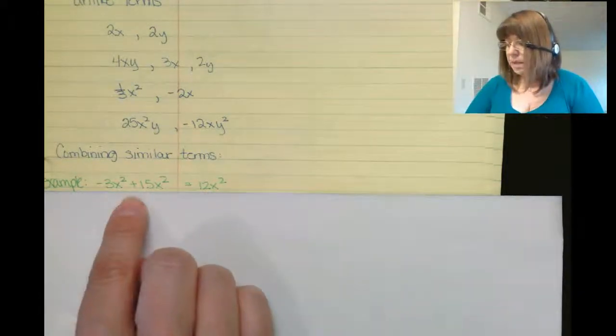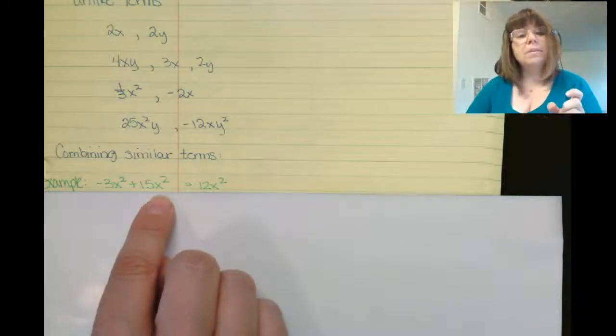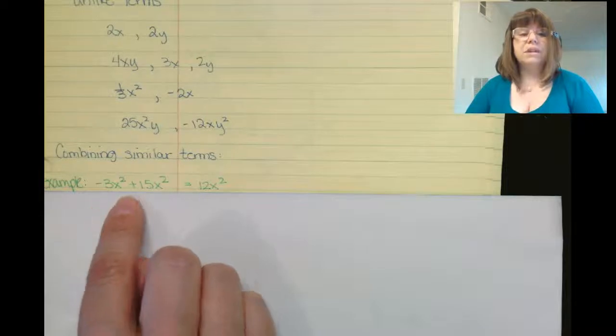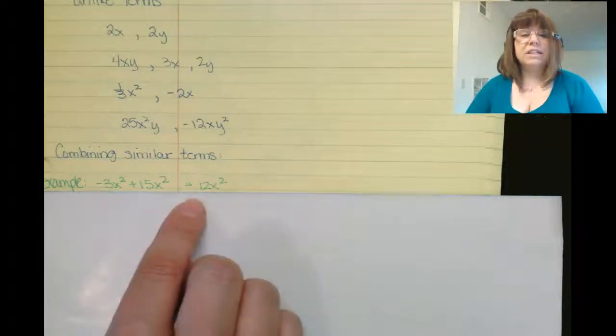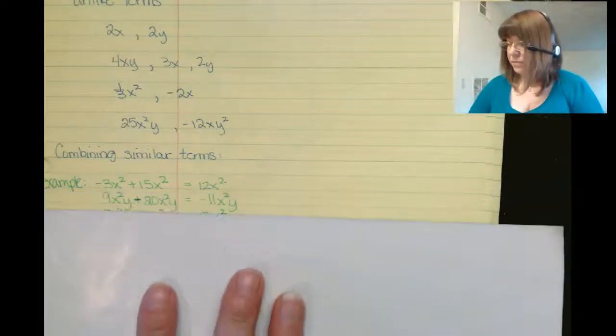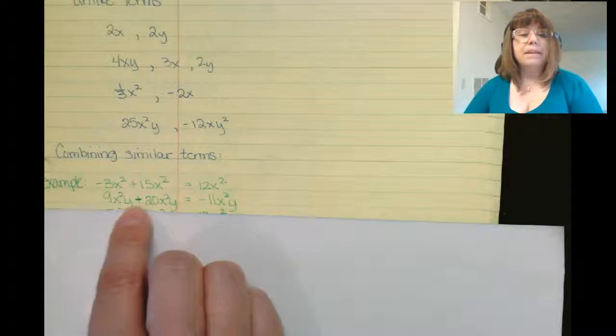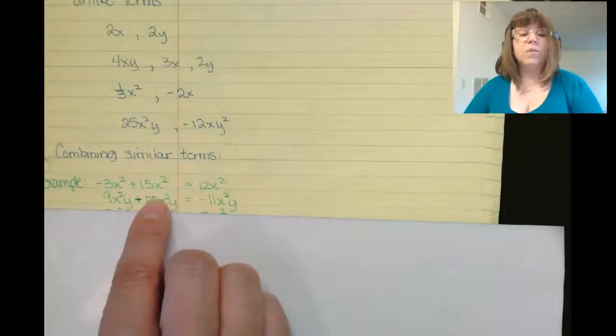So here's how we combine like terms. Negative 3x squared plus 15x squared. They both have the x squared in common, so I can combine them. Now I just work with the coefficient. What's negative 3 plus 15? Well, it's 12, so the answer is 12x squared. 9x squared y minus 20x squared y.